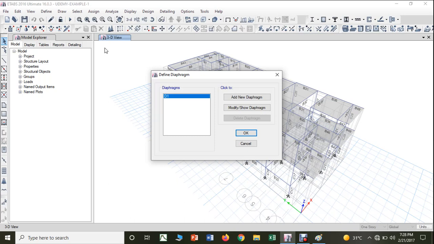So what it will do: when I apply the diaphragm to the structure, each and every corner of the slab will be held in position at the center of the building. Therefore when I do the analysis, each and every corner will be considered simultaneously and the analysis will be done effectively, right?